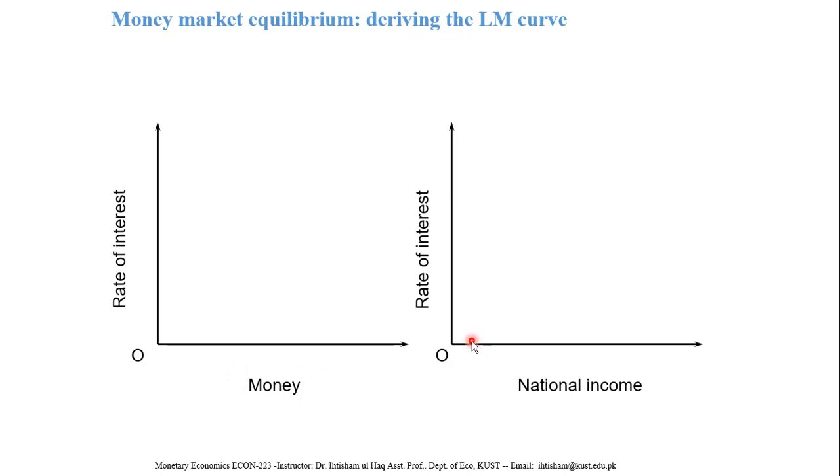On the right one, on the vertical axis, again we are measuring the rate of interest, and on the horizontal axis we are measuring national income. And remember that we have studied the demand for money, the supply of money, and the theories of demand for money.